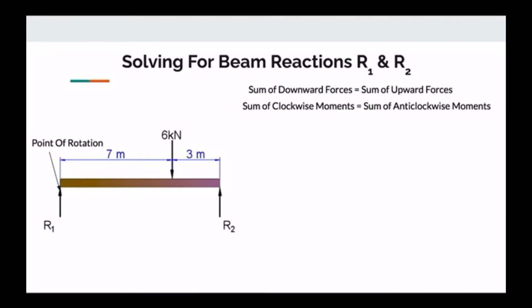Since the sum of the clockwise moments should be equal to the sum of anti-clockwise moments, it simply means that if you subtract the sum of clockwise moments from the anti-clockwise moments, the answer will be 0. And that is the third rule, the rule that we are going to use to start off our calculations. So let's begin.